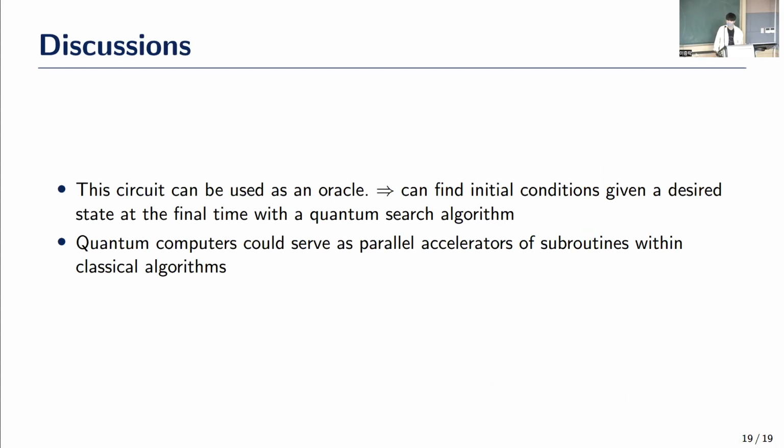This circuit can be used as an oracle, so you can find initial conditions given a desired state at the final time with a quantum search algorithm. And quantum computers can serve as parallel accelerators of subroutines within classical algorithms. Thank you for listening.